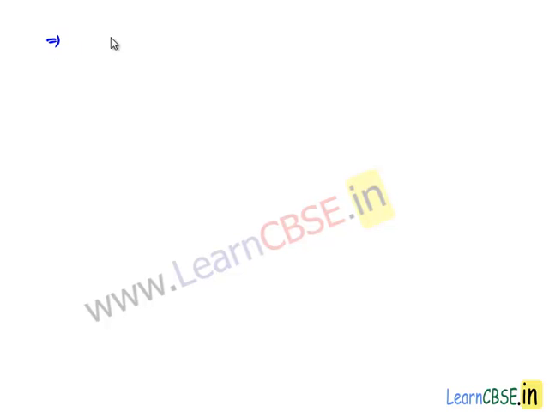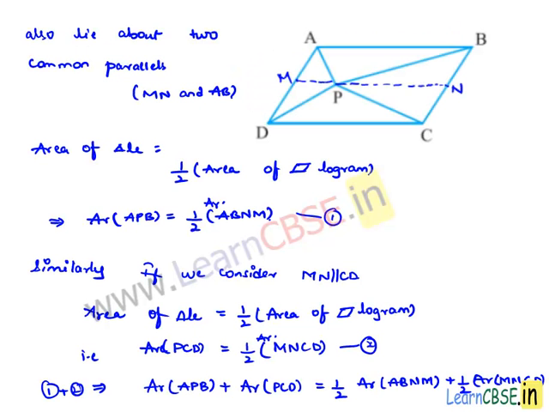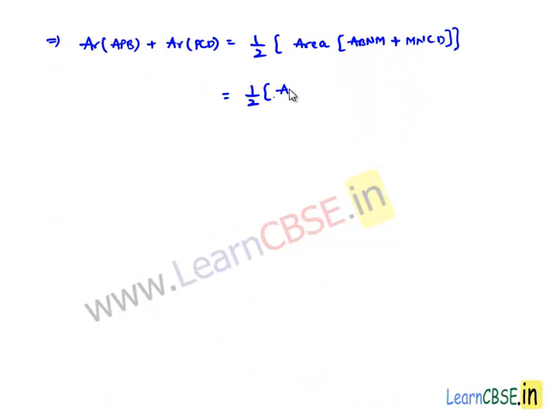That implies area of triangle APB plus area of triangle PCD is equal to half times the sum of area of ABNM and area of MNCD, and ABNM plus MNCD is nothing but parallelogram ABCD.